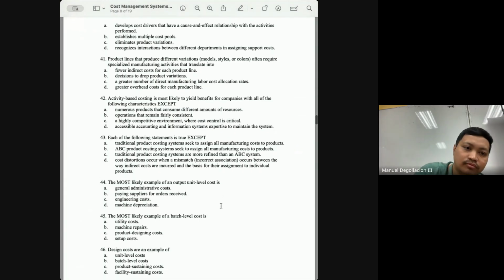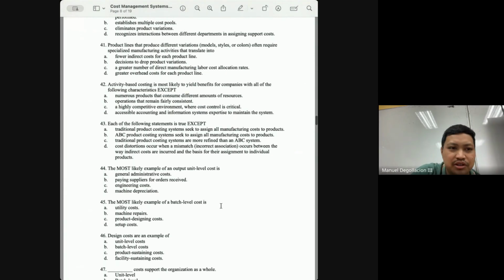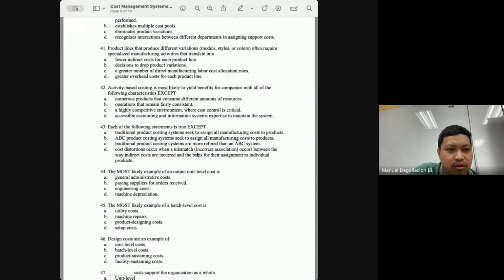42, we will just end at 45. 42, activity-based costing is most likely to yield benefits for companies with all of the following characteristics except, what's your answer here? When will you be able to highlight the benefit provided by activity-based costing?